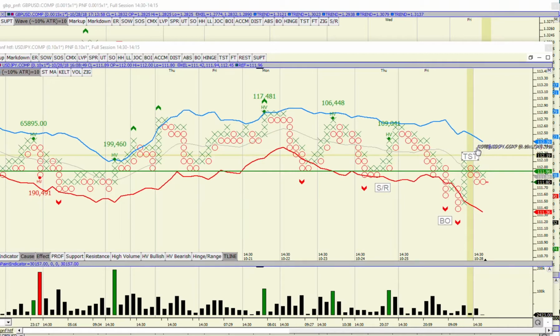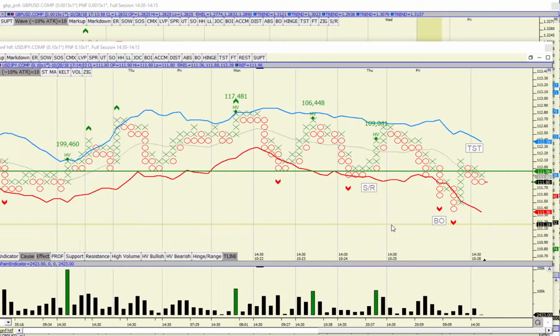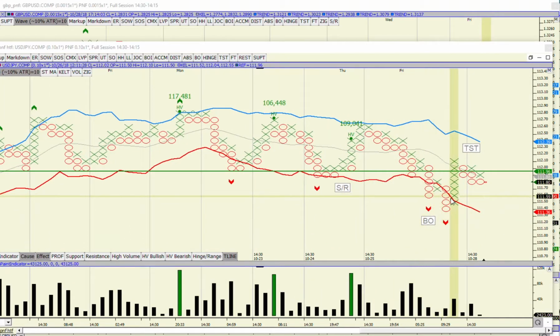Now this test, I'm trying to make sense of it, because when it breaks and comes back with that kind of strength, that can sometimes be a reversal. So I'm trying to figure out if this is a test. I have to do a little more analysis. But the point here is, again, the same approach.